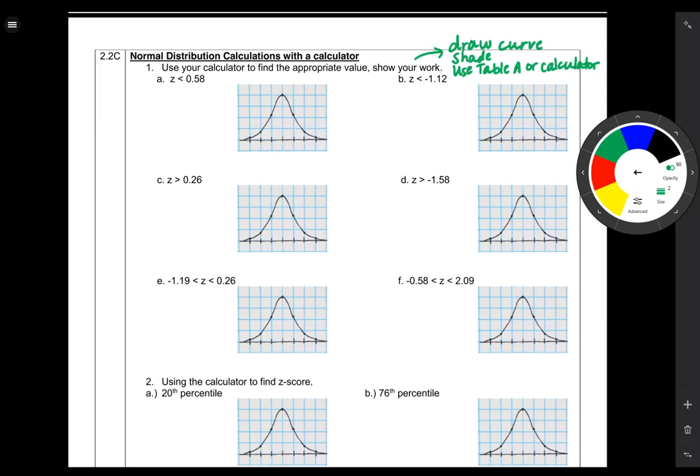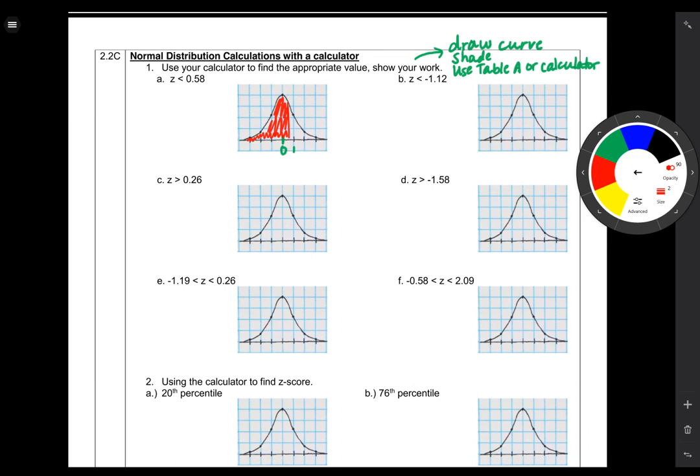So for z less than 0.58, we would go ahead and label our graph. Here's 0, here's 1. So 0.58 would be somewhere right here. And z less than that would be everything to the left. Okay.